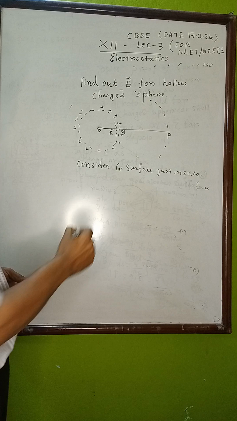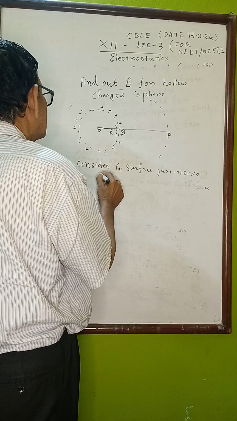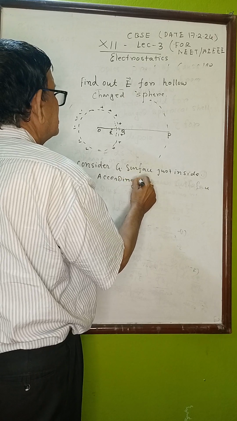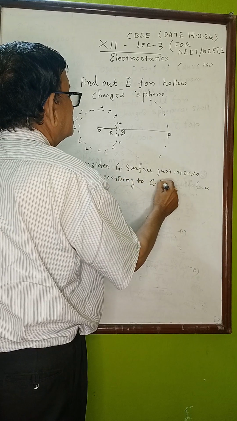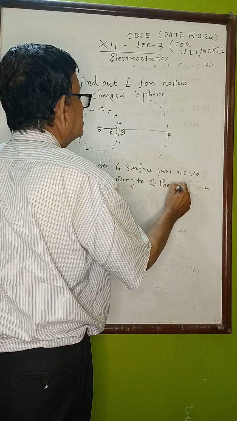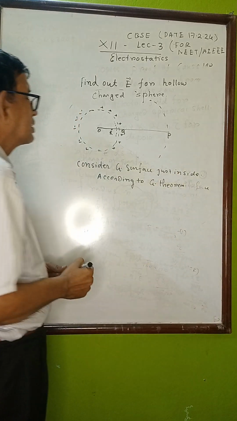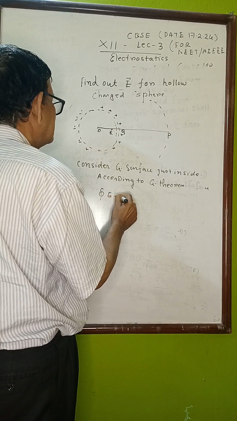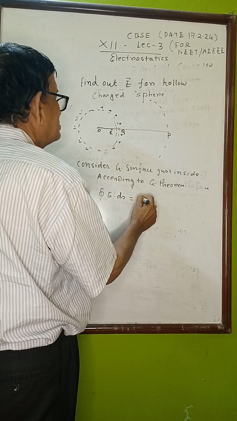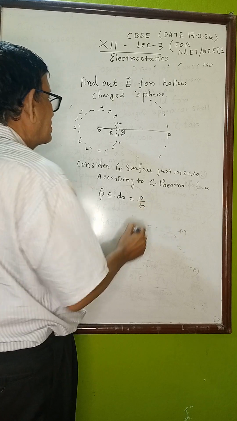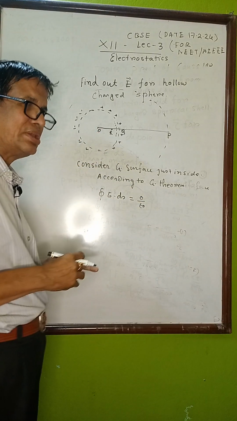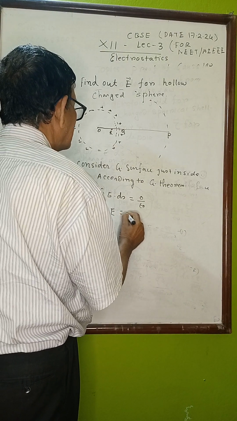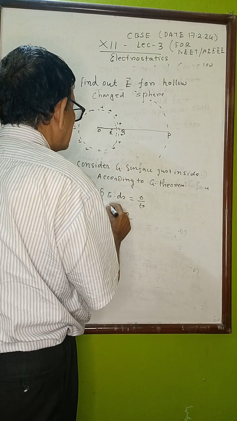Then according to Gauss's theorem, you consider E dot ds equals 0 by epsilon naught. Now whatever the Gaussian surface area may be, E equals 0. Inside, the electric field is 0.